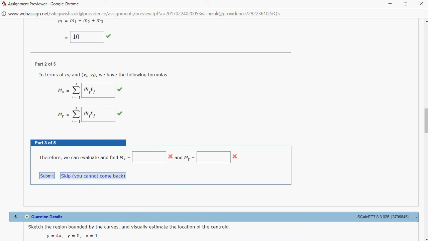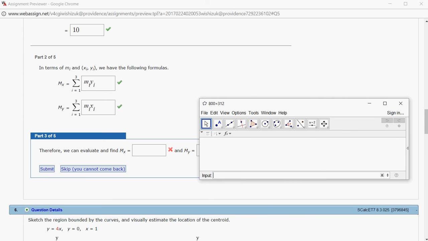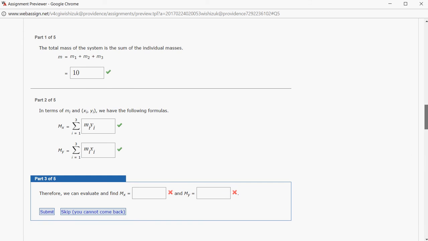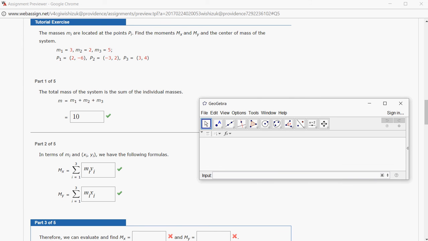Alright, so part 3. We want to find the moments with respect to the x-axis and the moments with respect to the y-axis. I'm gonna just bring up GeoGebra so I can do the addition a little bit more easily. Let's find moments with respect to the x-axis first.